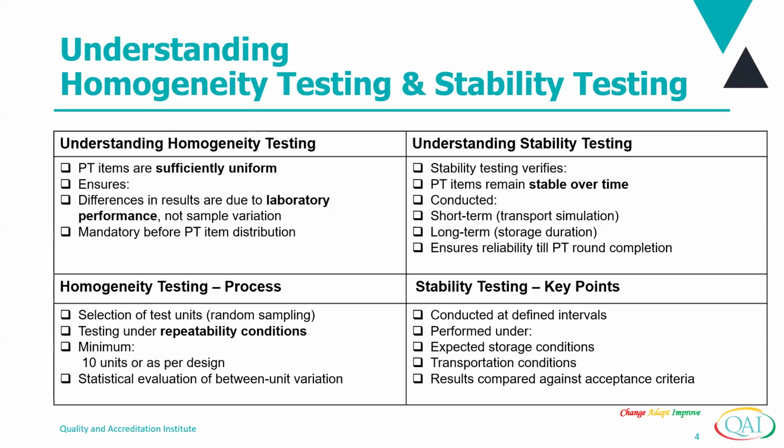This is demonstrated through a statistical approach where the standard deviation between samples, as per 13528, we call it ss. This must be less than or equal to the standard deviation for proficiency assessment, that is SDPA.